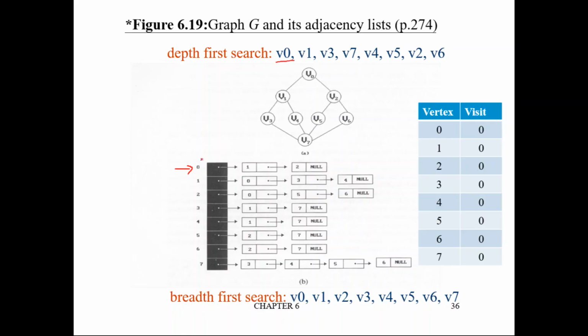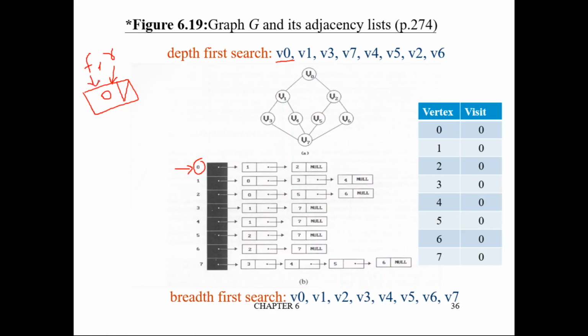Then this node 0 we will insert into the queue. So now the queue has only one element, that is 0. Its next is pointing to null. Front is pointing here and rear is also pointing here.